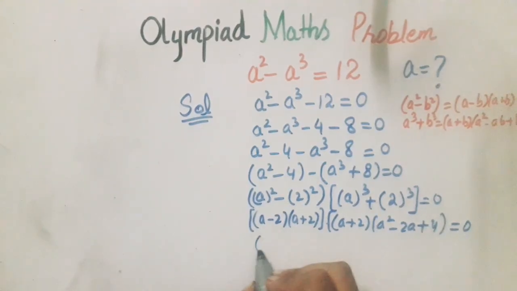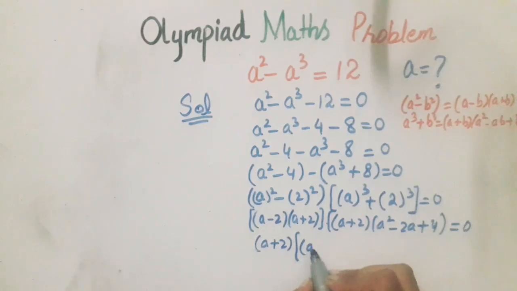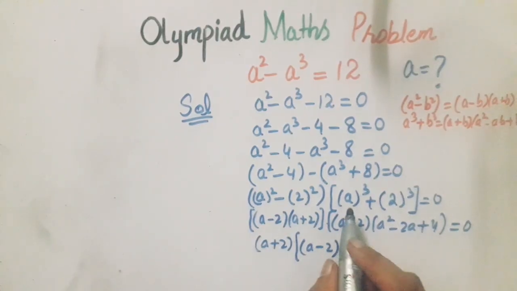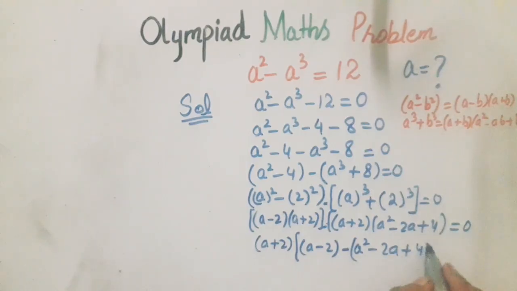Now we can take a plus 2 as common, so remaining is a minus 2 and then minus a square minus 2a plus 4 equals 0.